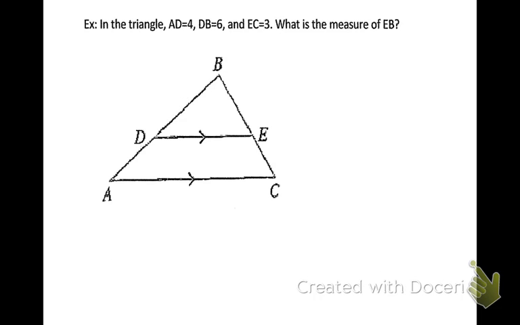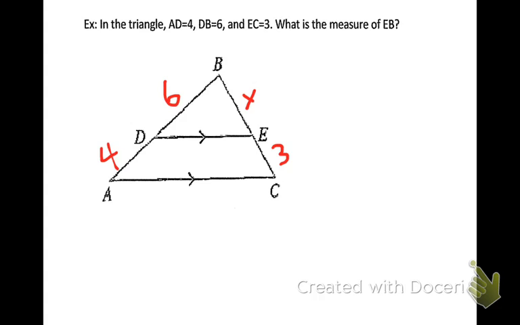Looking at an example. So in the triangle, we'll label our parts. AD is 4, DB is 6, EC is 3, EB is X. Right? Somebody want to set up the proportion to solve this? Somebody besides Shatiz? Nina.